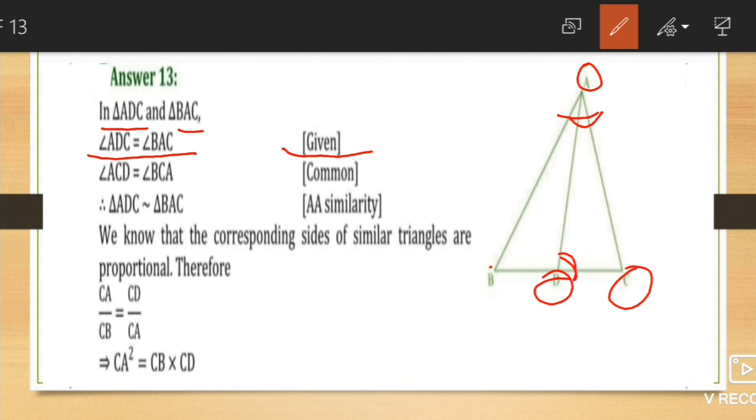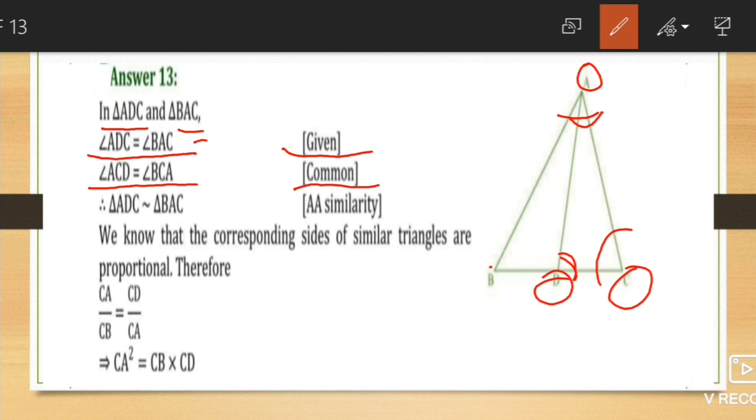Also, if you check the figure, triangle ADC and triangle BAC, you can see that this angle C is common for both the triangles. So you can write angle ACD is equal to angle BCA, because this C angle is common.